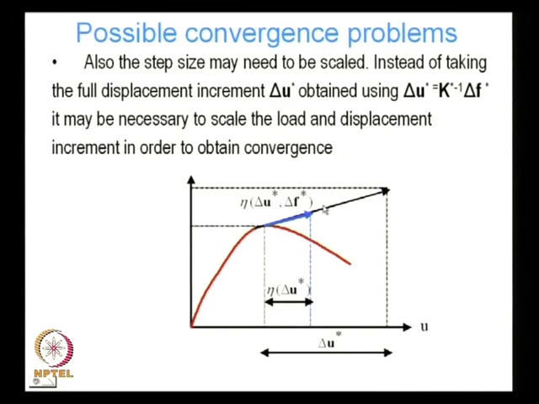So how do I calculate my incremental displacement? I invert my tangent stiffness and take the product of the inverse of the tangent stiffness with my load increment, and that gives me my incremental displacement. This is my load increment from here to here, this is my slope, this is my tangent stiffness.